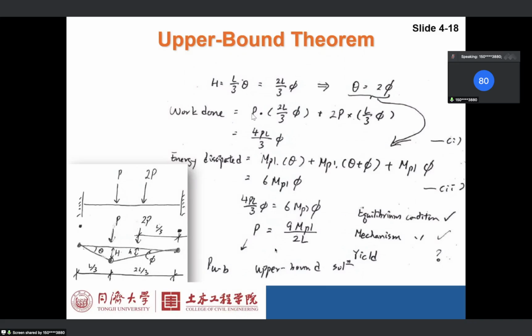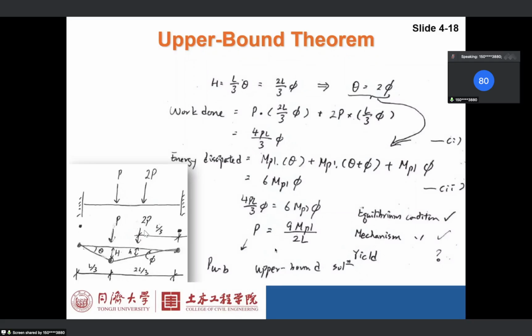The work done by the external load P times H, okay, this is P times H. This H is 2L over 3 phi. Okay, if we make a phi here, this is phi.